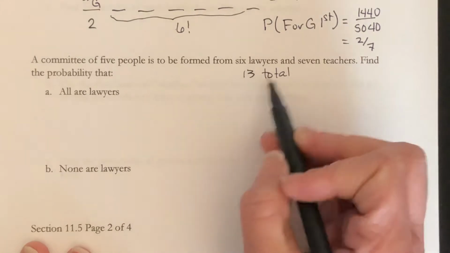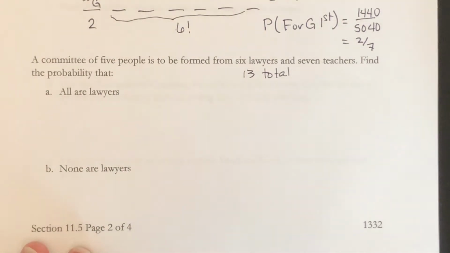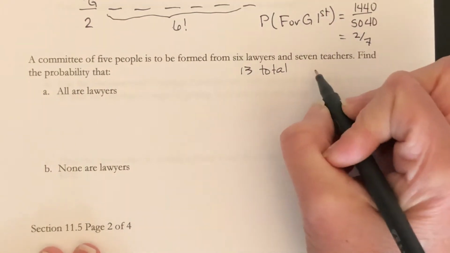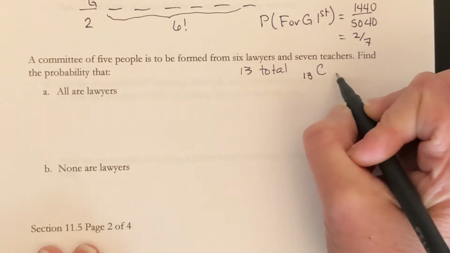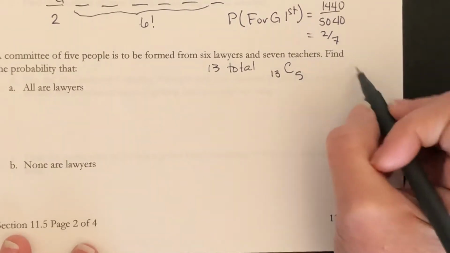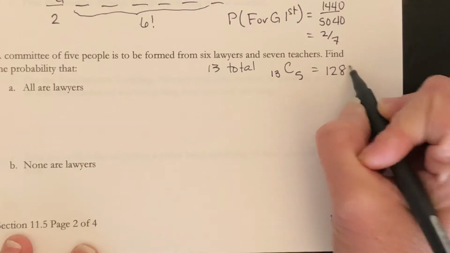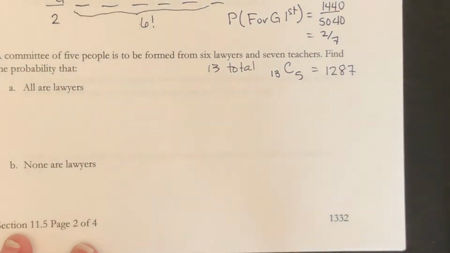The number of ways from this 13 that we can choose 5 of them, the order doesn't matter here, so this is a combination. So the number of ways we could pick these committees is 13C5. And if you put that into your calculators, you get 1287. So that's the number of different ways we can form that committee.